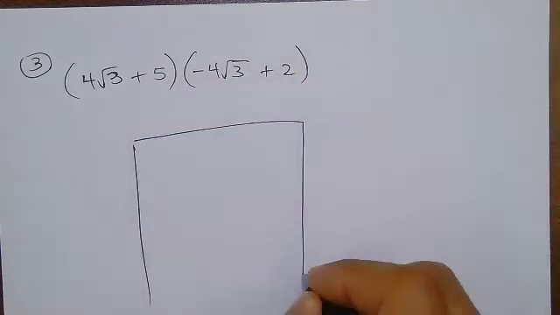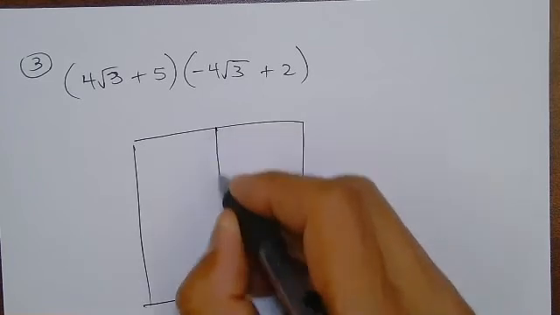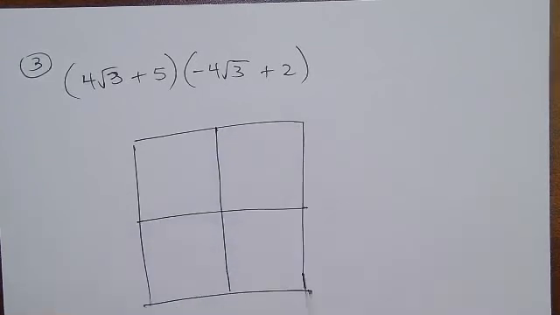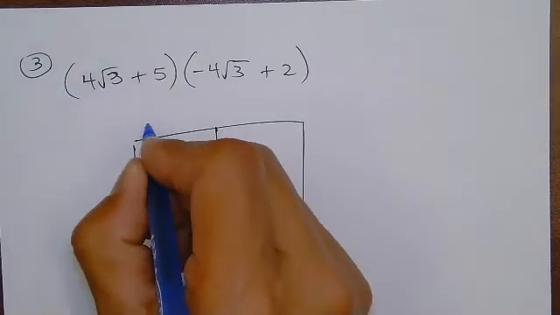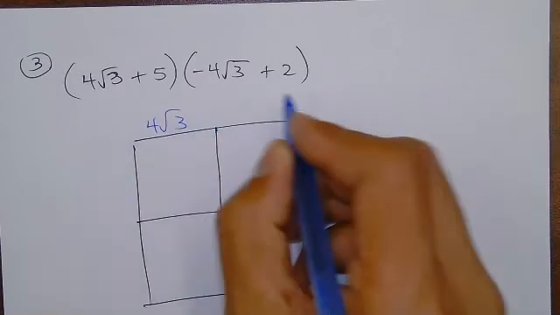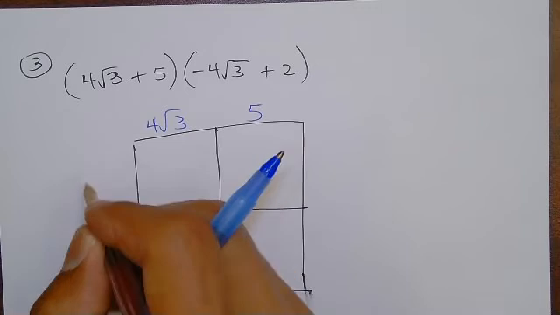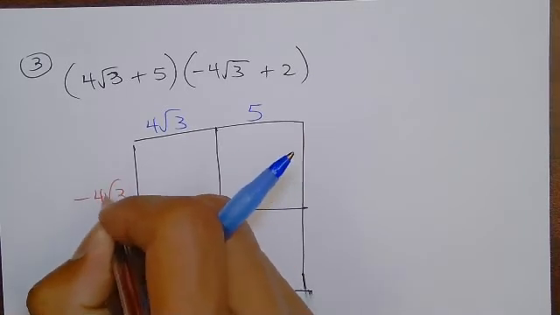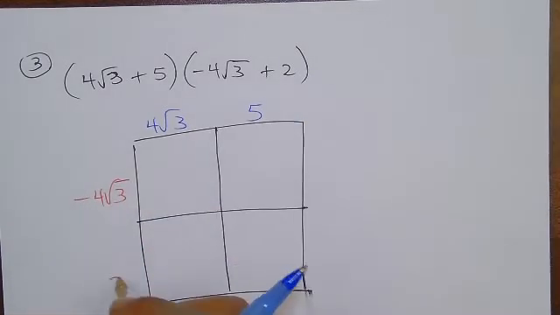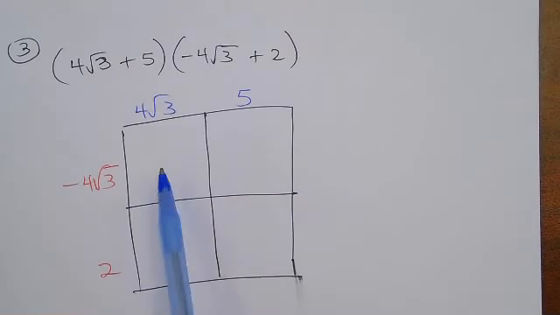This is multiplying, right? So it's a Punnett square. So this is 4 root 3 plus 5. And this is a negative 4 root 3 plus 2.